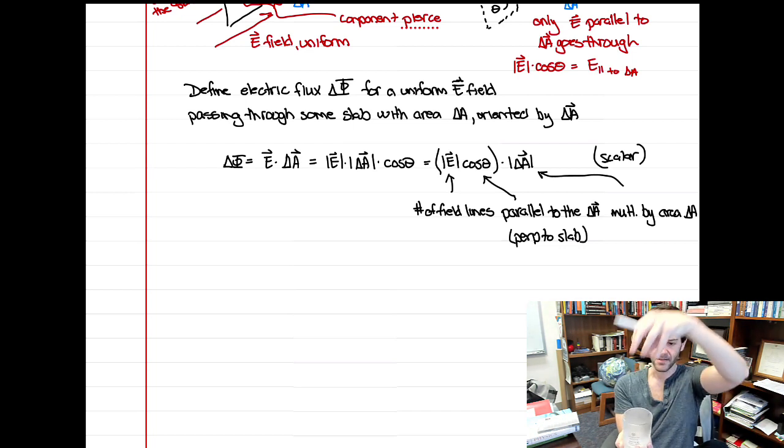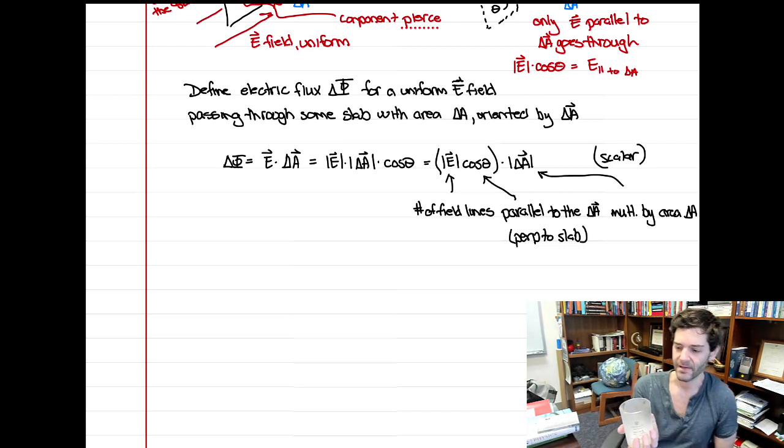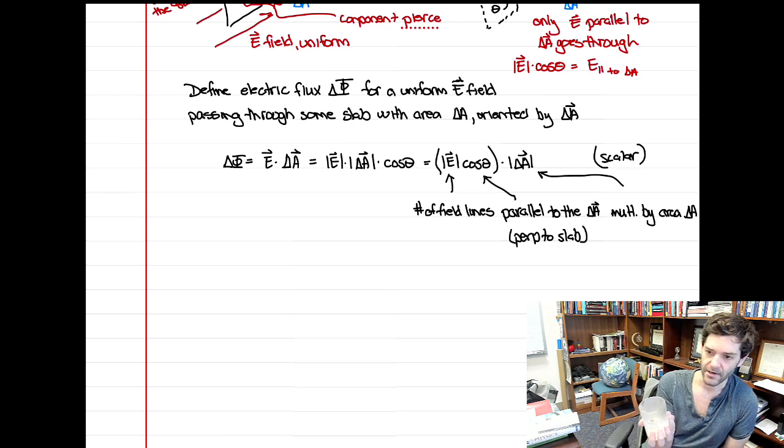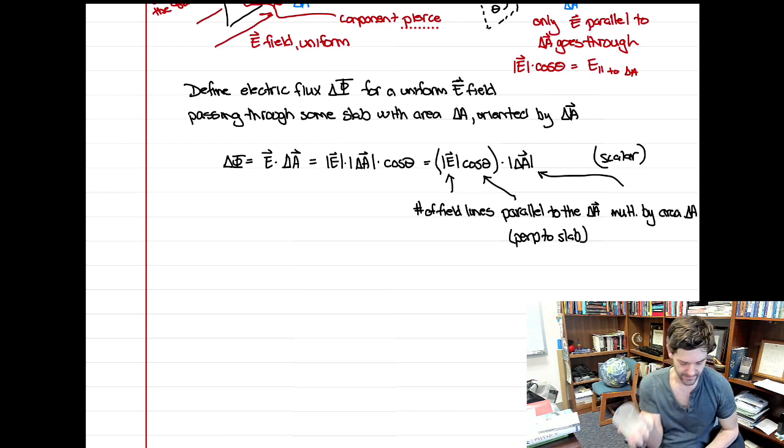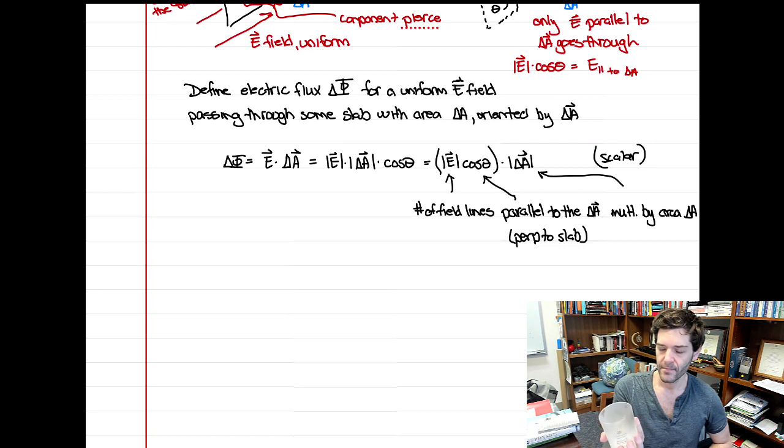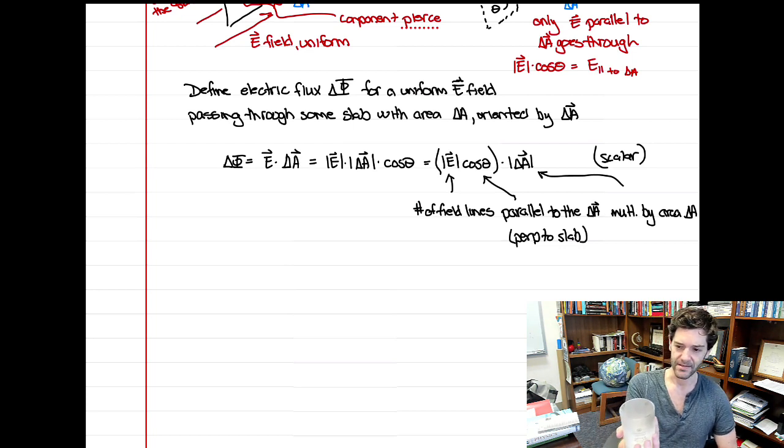So the dot product, the cosine, would be either a cosine of 0 or 180, which is either 1 or -1. And we won't worry so much about what negative and positive means at this point. But I think we agree that that would fill up the cup the fastest.